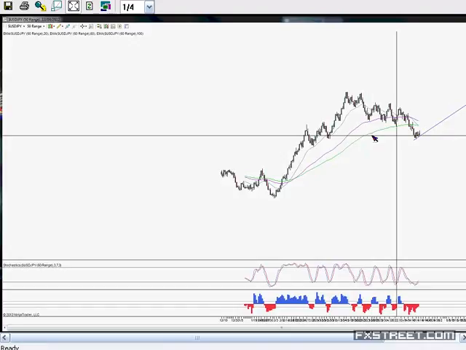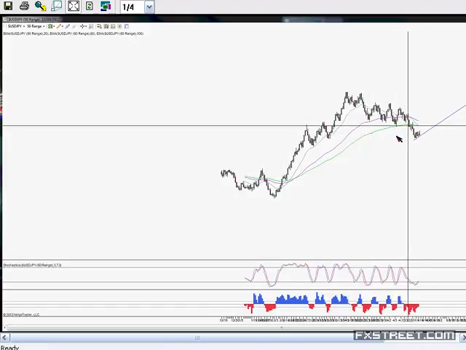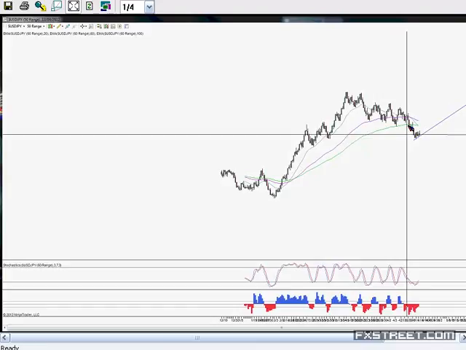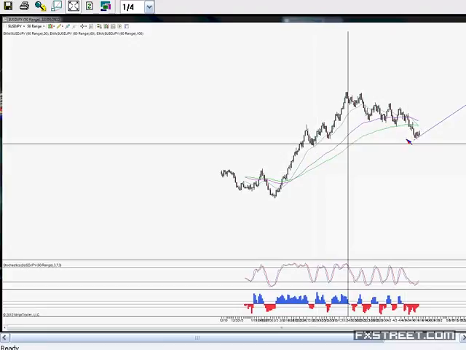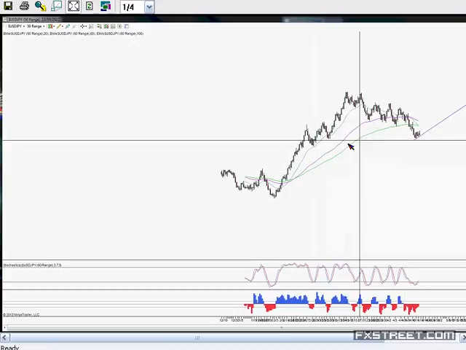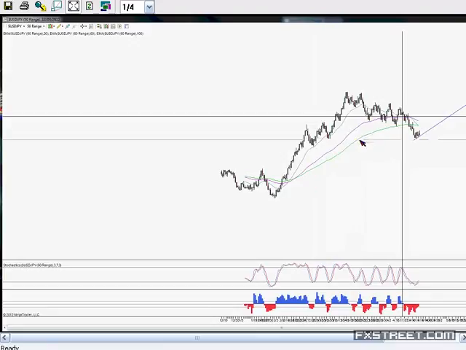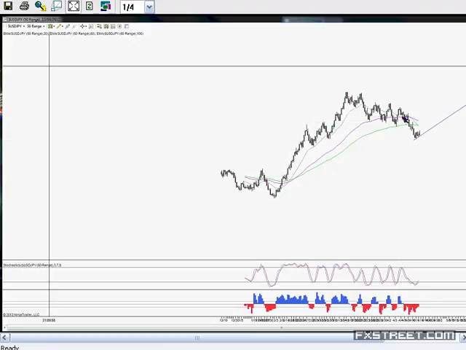So even though technically you could say that you're looking for a shorting opportunity here, a few things you have going against it. One, fundamental news. Number two, this is almost like the 50% retracement level from this big move up here, so it's quite a strong support level. And number three, you don't have the moving averages lined up there.